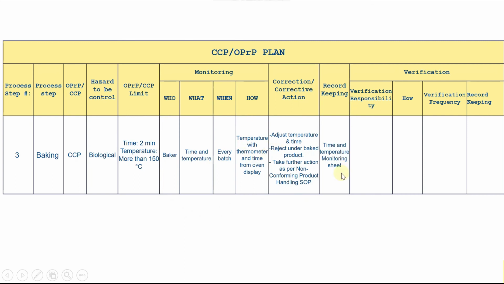Then the verification procedure: verification is done by QA during monthly audits, and they verify the time and temperature. The verification frequency I have mentioned is monthly, but you can decide as per your company's procedure. In some companies the verification is done on a daily basis. And the last point is record keeping, which is the audit report.